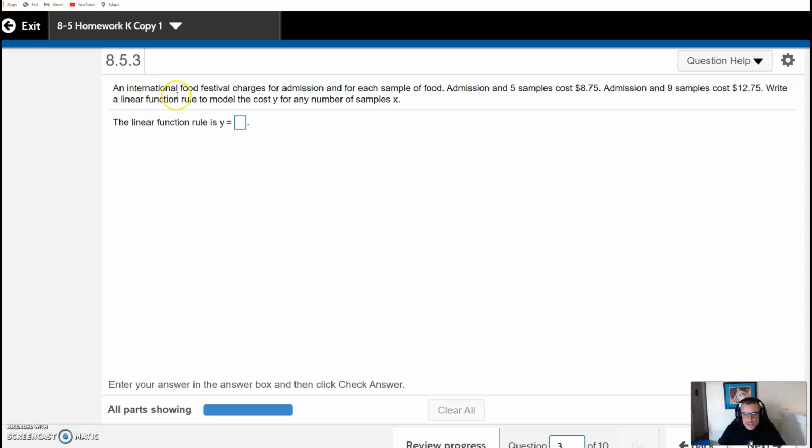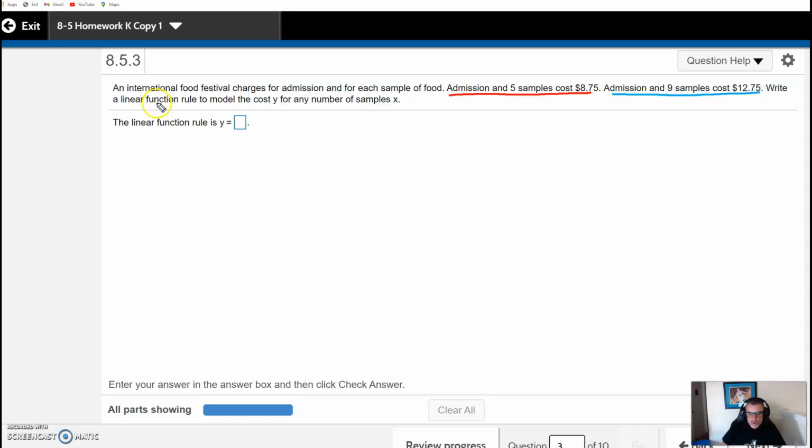So here it says an international food festival. They charge for admission, that's to get in, and then you have to pay for each sample of food inside the festival. Admission in 5 samples costs $8.75. And admission in 9 samples costs $12.75.